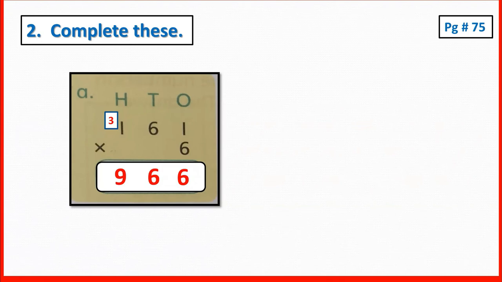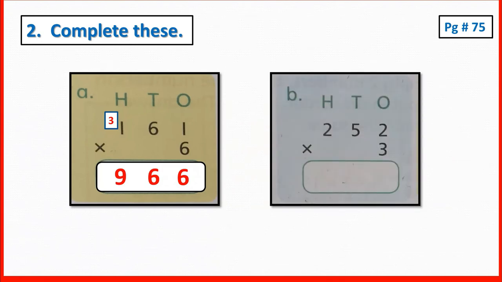966. Let's do another. 252 multiplied by 3. First multiply the ones with the multiplier. 3 twos are 6. No conversion needed. Next multiply the tens with the multiplier. 3 fives are 15. Too many tens.